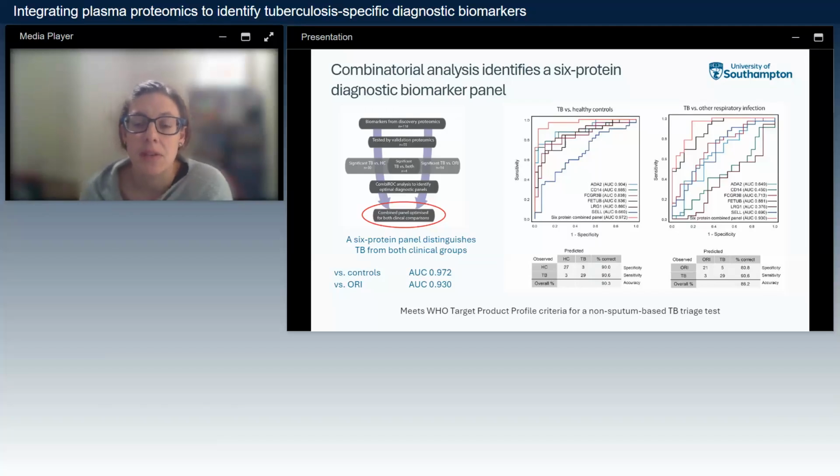And this is really exciting because it meets the published target product profile criteria for a non-sputum based TB diagnostic. And that is a sensitivity of over 90% and a specificity of over 70%, of which they both met.